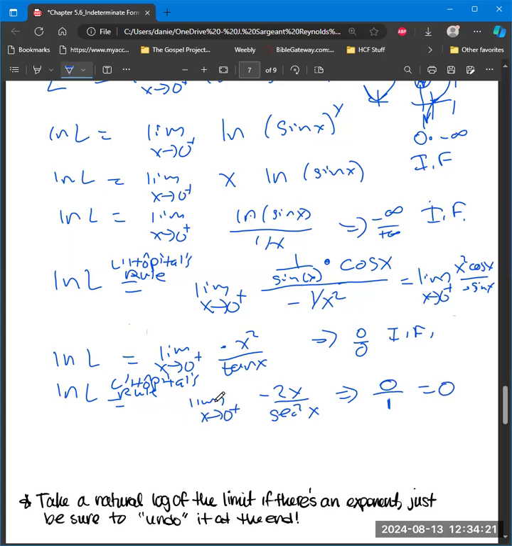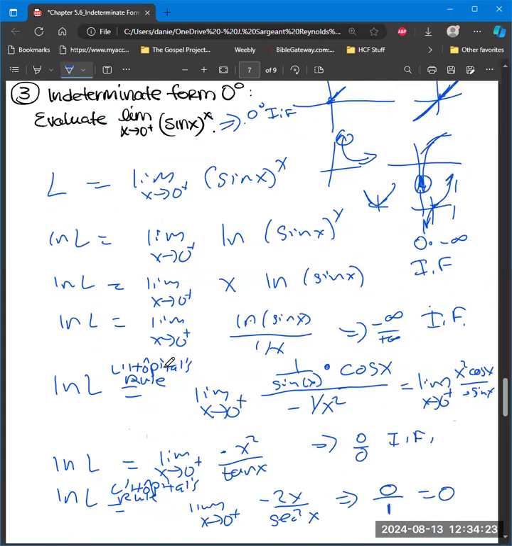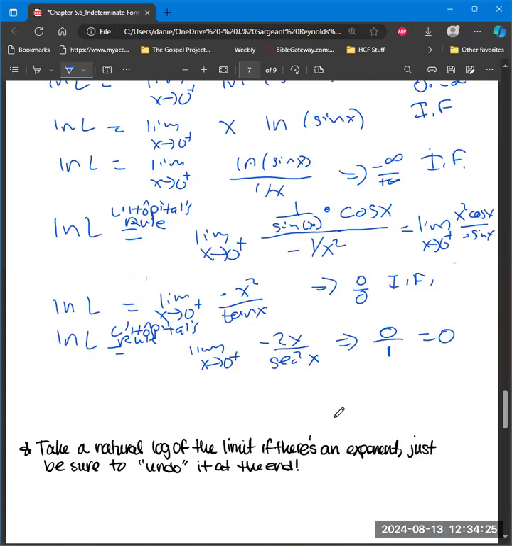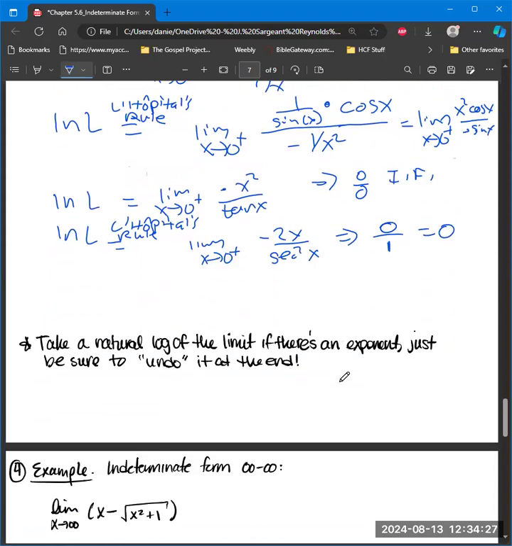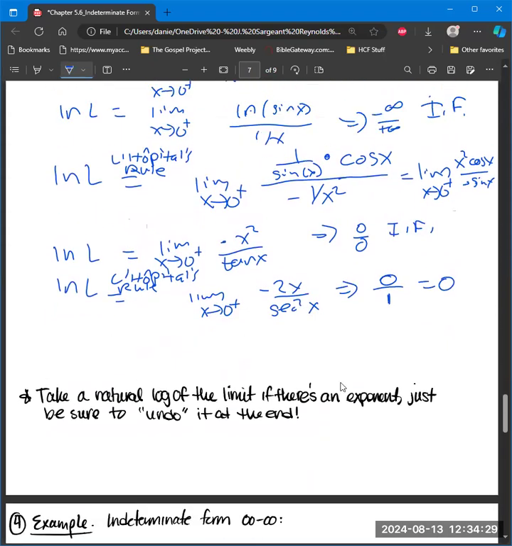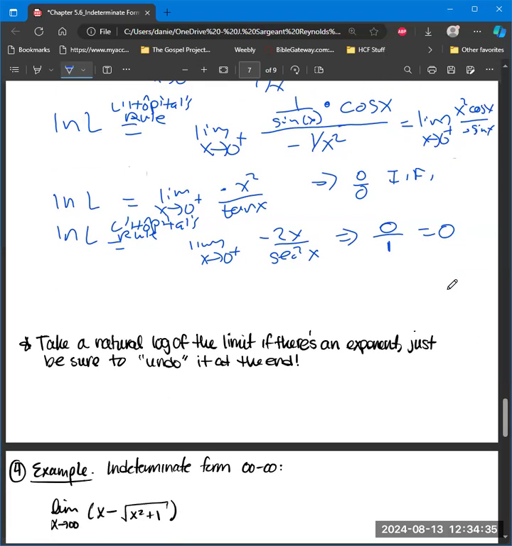And that is just not what we would have expected from the original, but it's true. It is getting close to 0 for ln of L. So wait a second. Are we done? We are not done, because ln of L is equal to 0, which means L equals e to the 0, which is equal to 1.